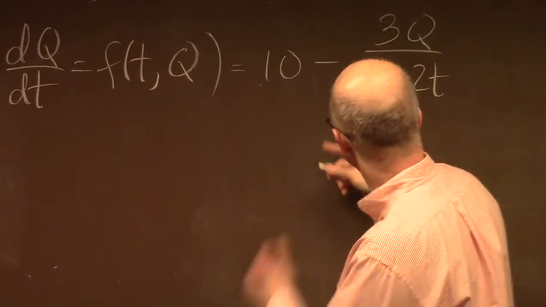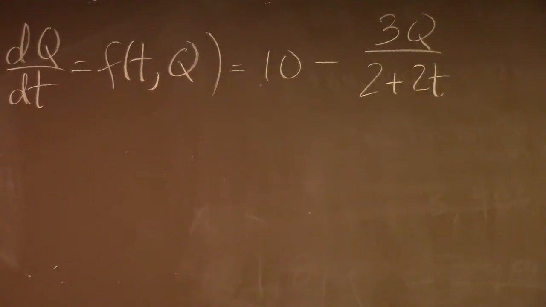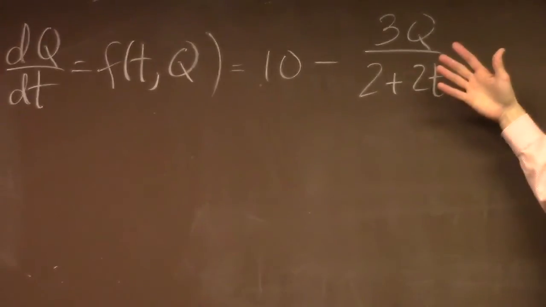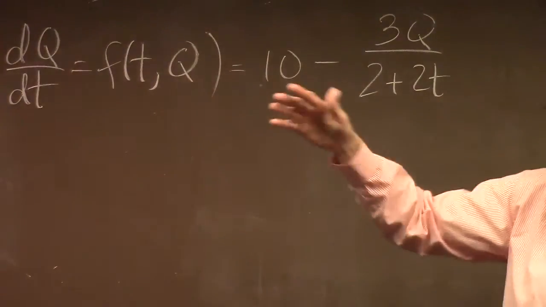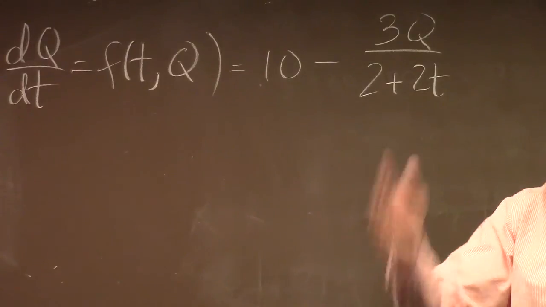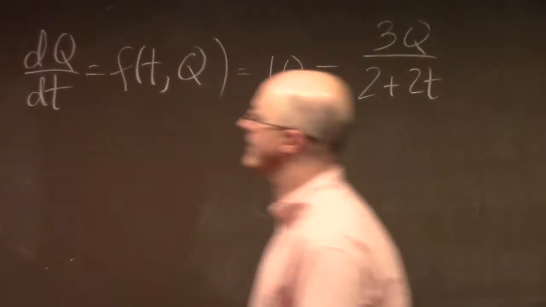It's a non-autonomous equation because there is a t explicitly on the right-hand side. It's also not a pure antiderivative because there's a q. It's a mixture of t and q. The slope field is not constant along horizontal lines or vertical lines. It's more complicated. You can see it by looking at that.